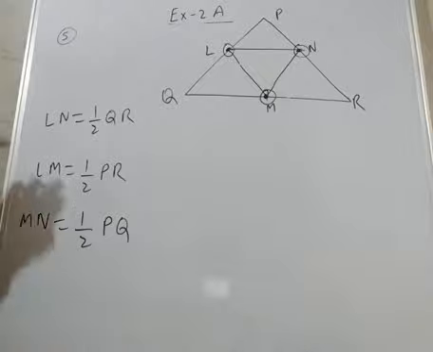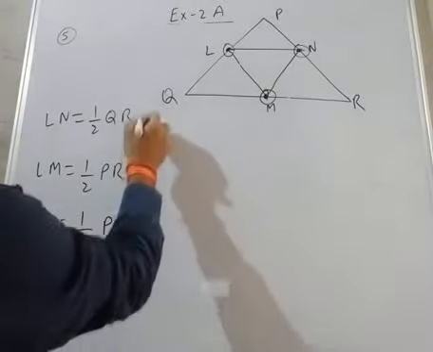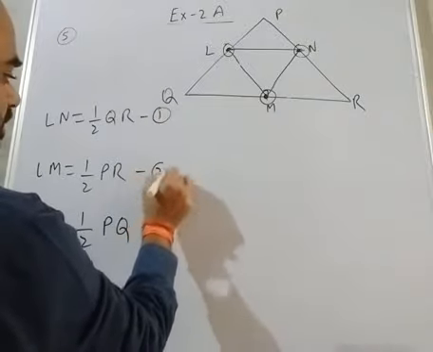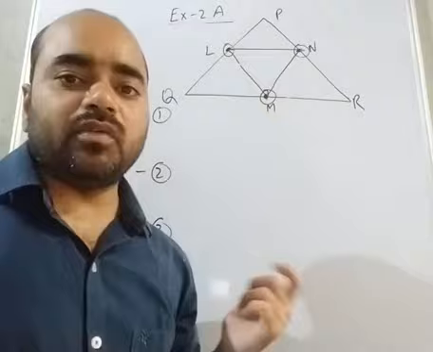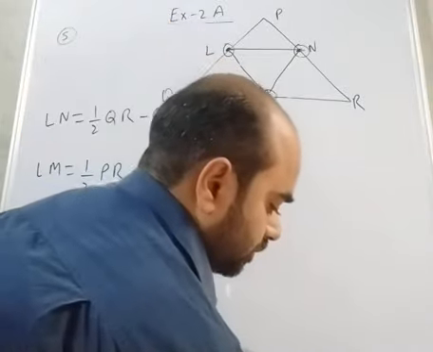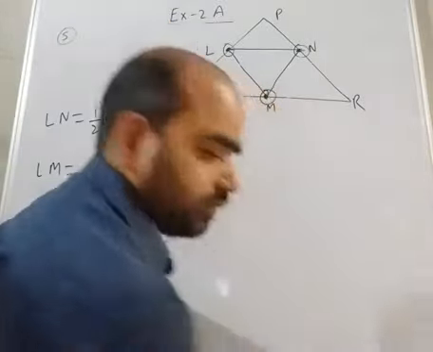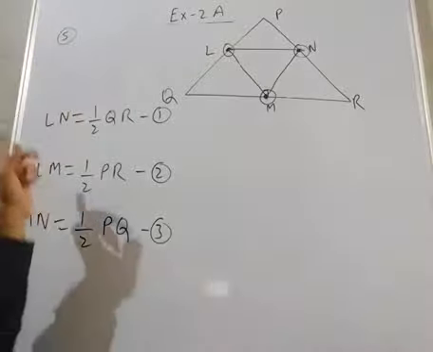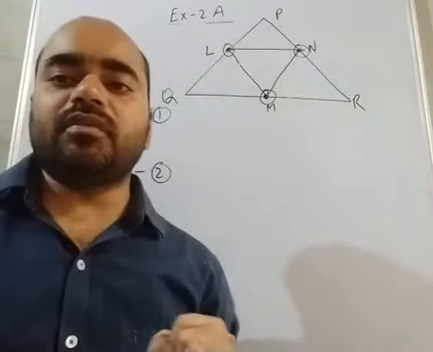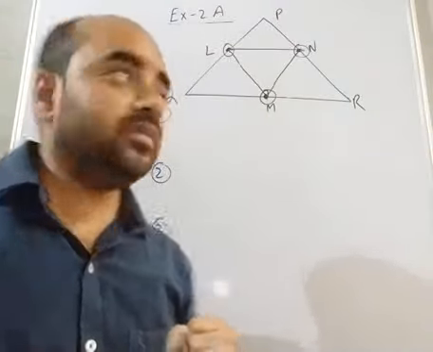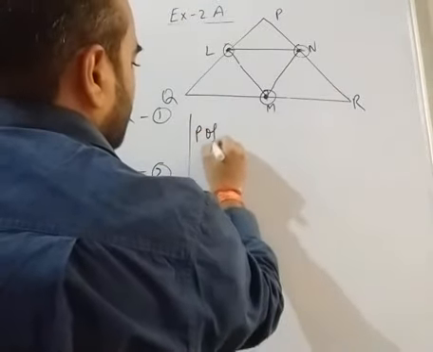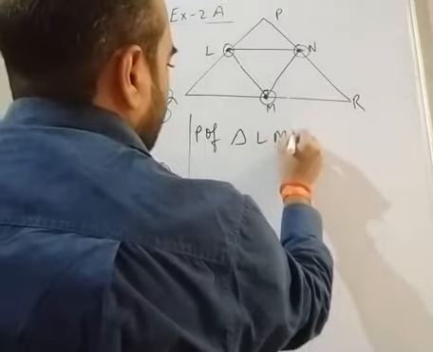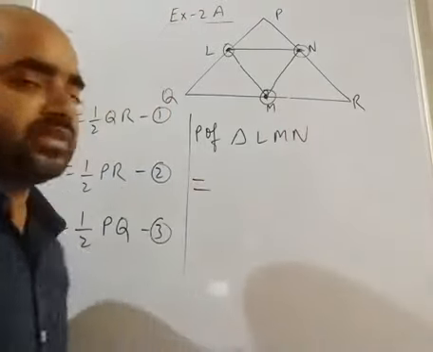Now we add all the equations, equation 1, equation 2 and equation 3. Why are we adding? Since we have to find the perimeter of triangle LMN. What is the perimeter of triangle LMN? Perimeter means the sum of all the sides.